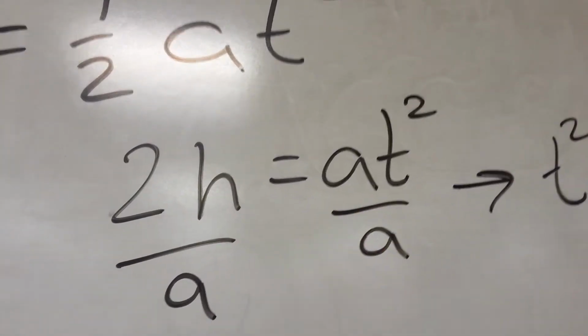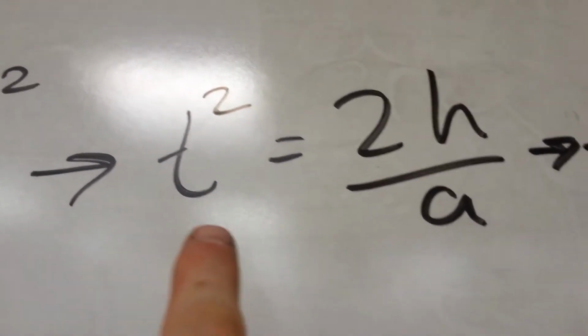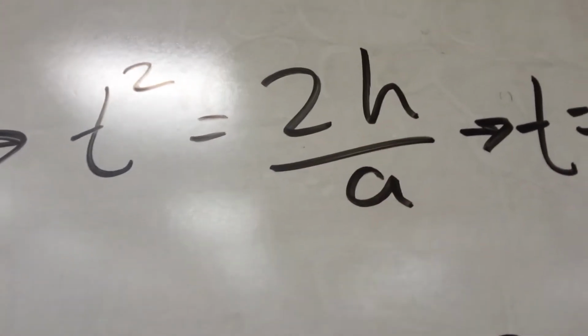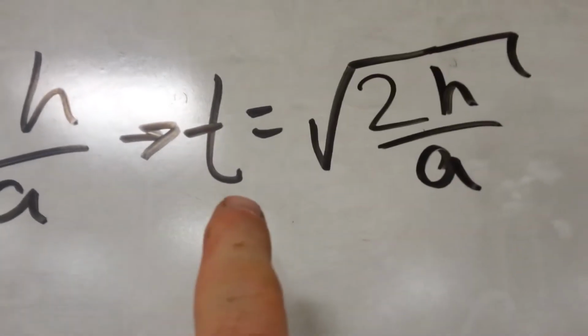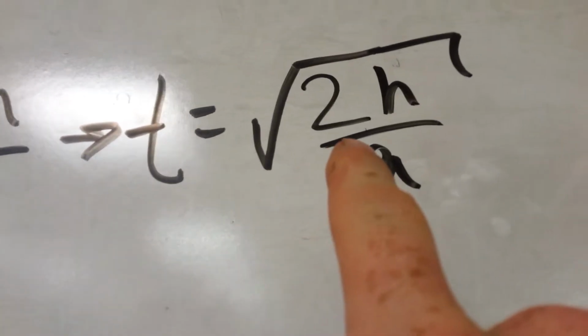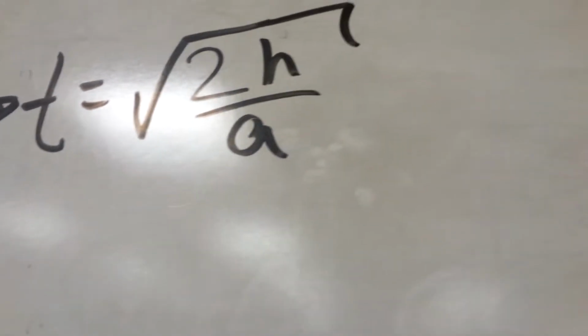That gets rid of the 1/2 on the right. Divide both sides by acceleration, and we have t squared is equal to 2h divided by a. Take the square root of both sides, and we just have t is equal to the square root of 2h over a.